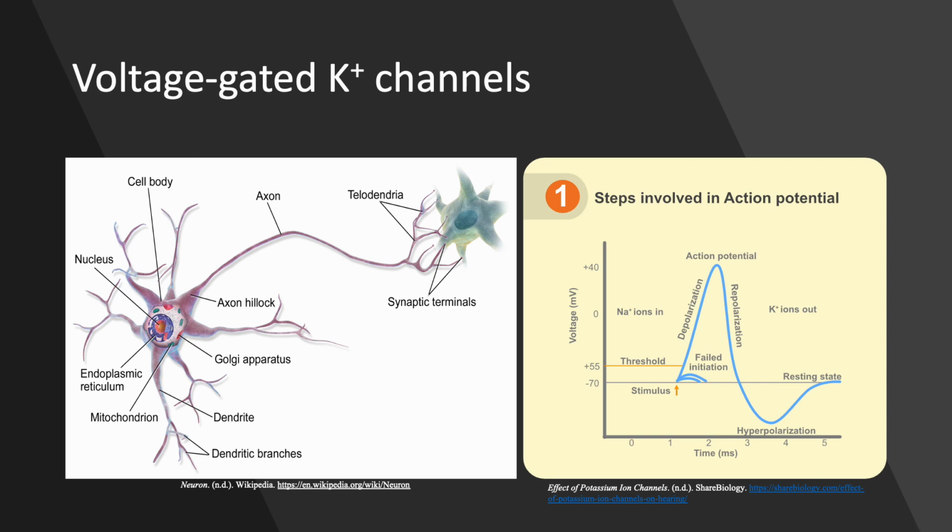There will also be voltage-gated potassium channels along the cell body and throughout the axon and close to the synaptic terminal. When the voltage-gated sodium channels open, the voltage-gated potassium channels will soon follow and they will open as well.